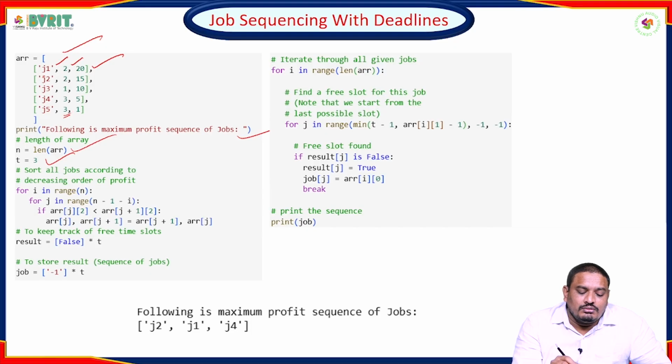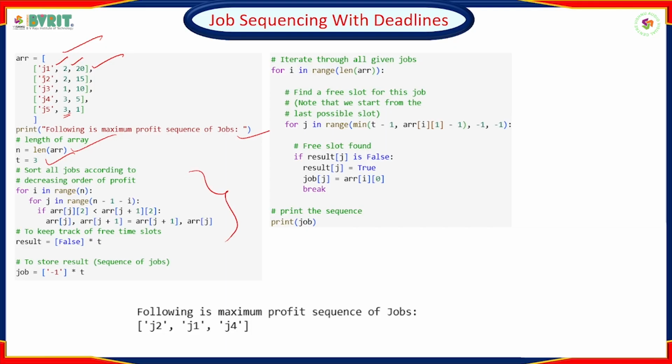How? The first step is that the given array is arranged in descending order, for i in range of n. The next step is to keep track of time slots: the result is false times 10, and we also store the result, with the job as -1.